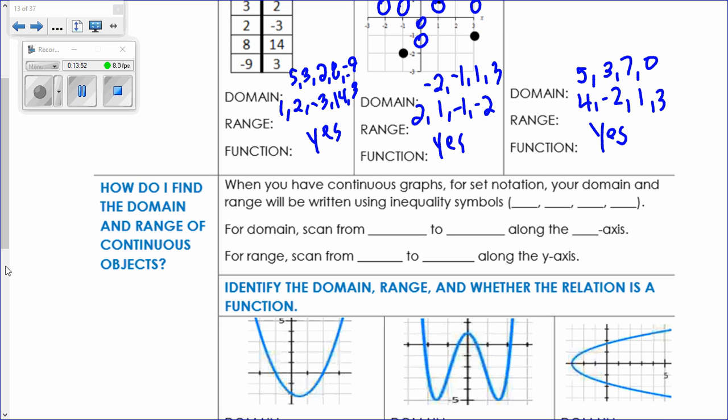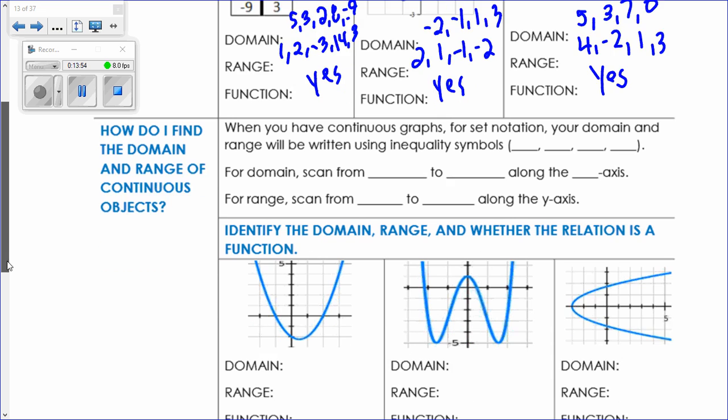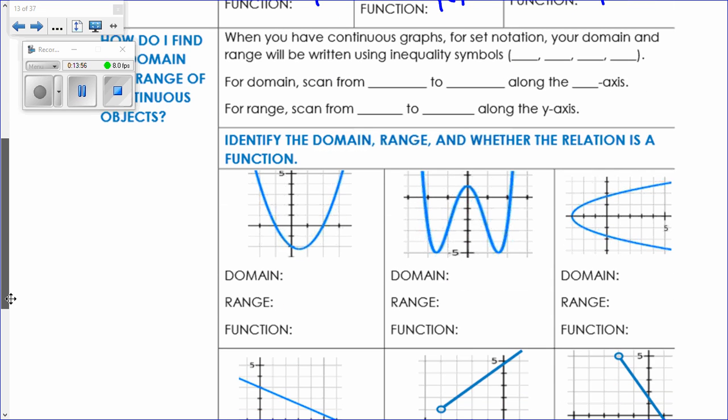Okay? So when you have continuous graphs for set notation, your domain and range will be using inequality symbols. We did some of this last class. Less than or equal to, greater than or equal to.